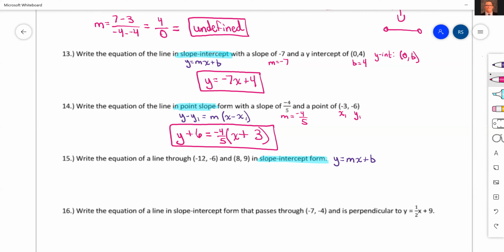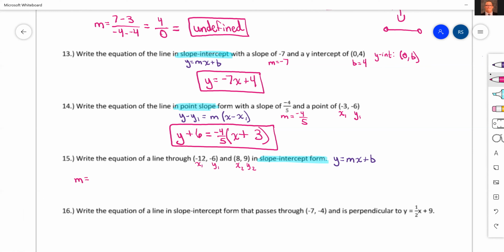Now, do they give us the slope here? No, they don't give it to us, which means we have to find it. So label your points x1, y1, x2, y2, and find the slope.